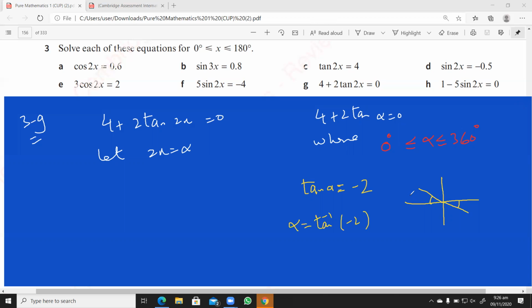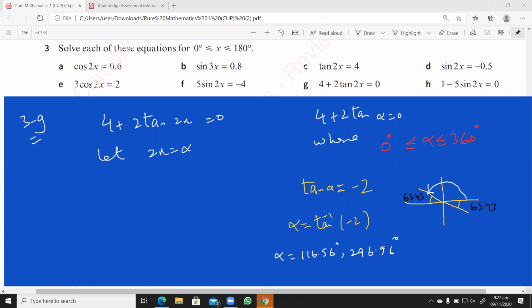63? Okay, 63 point, oh, this is not very clear. 63.43, okay? So your alpha is going to be, one is this, 180 minus this. And the other value is? Okay, so these are the values of alpha.